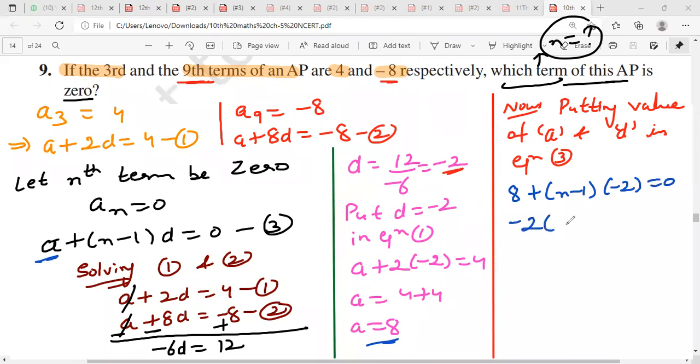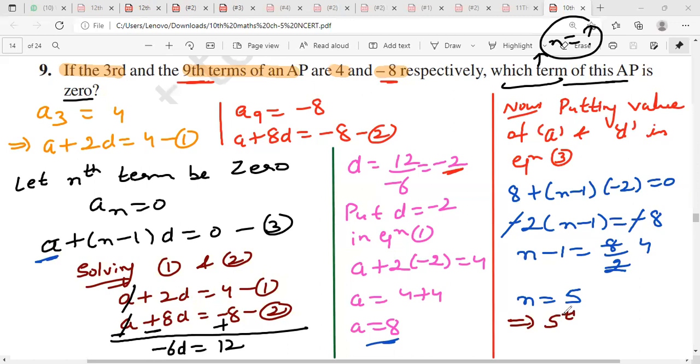Now minus 2 within bracket n minus 1 is equal to, when this 8 is shifted to the right hand side, it will be minus 8. Minus and minus will be cancelled out. n minus 1 is equal to 8 by 2, that is 4. So n will be equal to 4 plus 1, 5. Okay, it means we can say that, which implies the fifth term of the given AP is 0.